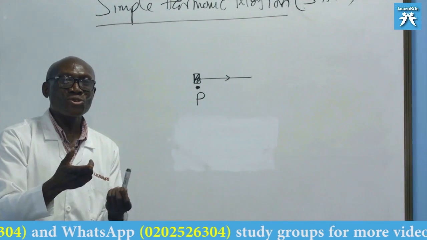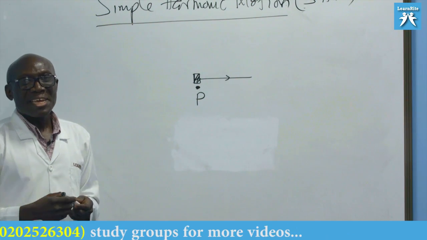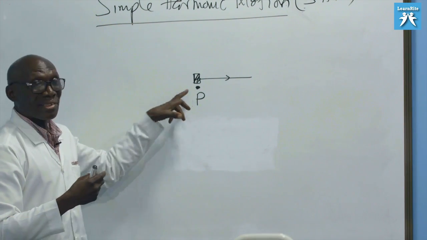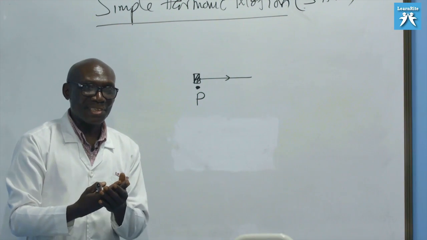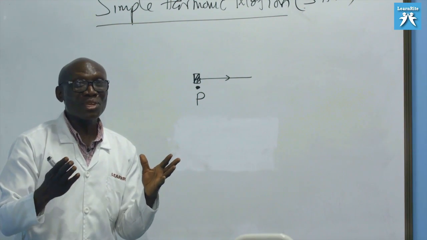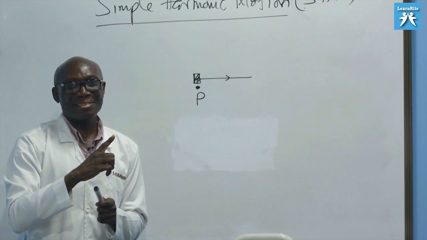And that body does so with an acceleration. Why? Because the body was initially at rest, and the body moved and gained a velocity. There has been a change in velocity, so the body possesses acceleration. Watch this.